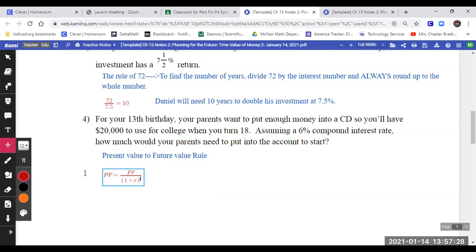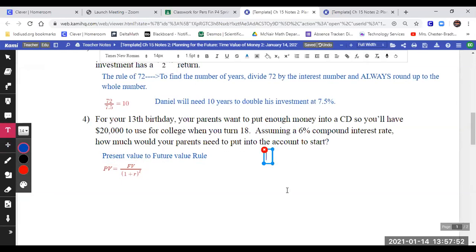So my present value, which means how much I need to put in now, is equal to what I want to have divided by 1 plus the decimal version of the rate to the time that you want to have. So we've got to label our variables.